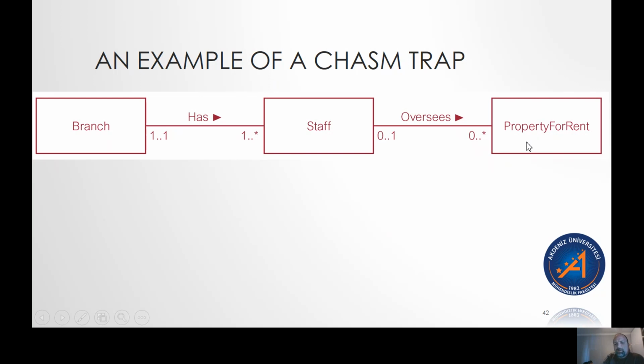But here, now we've lost that because a property for rent in this example is not required to be overseen. See, it doesn't have mandatory participation, it has optional participation here. When a property for rent does not have to be overseen by a staff person, but it still belongs to a branch, we don't know which branch it is.